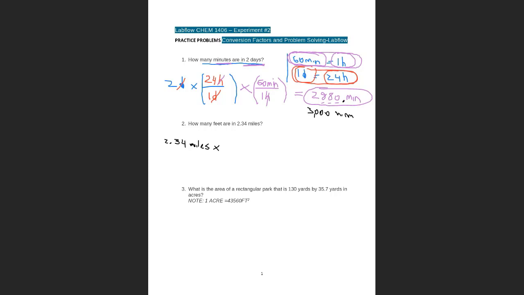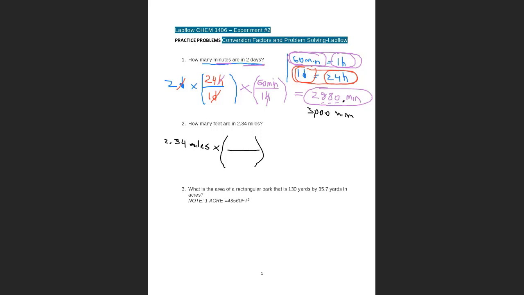So what do I know? I need a conversion factor. In order to have that conversion factor, I need to have the equality. What is the relationship between feet and miles?